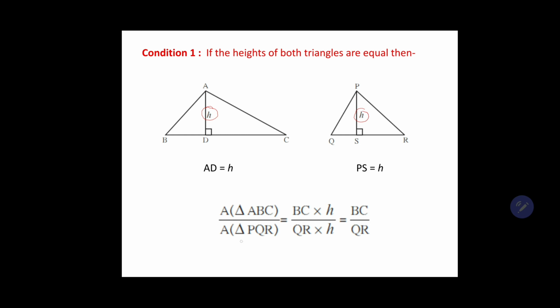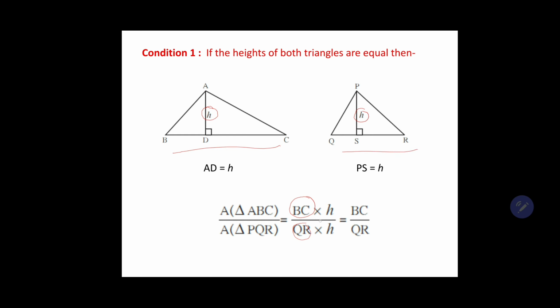Now if we are trying to find the ratio of areas of these two triangles, then by the previous theorem we have area of triangle ABC divided by area of triangle PQR is equal to BC into height divided by QR into height. Here BC is the base for triangle ABC and QR is the base for triangle PQR.